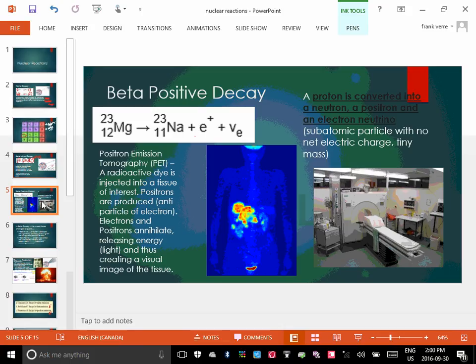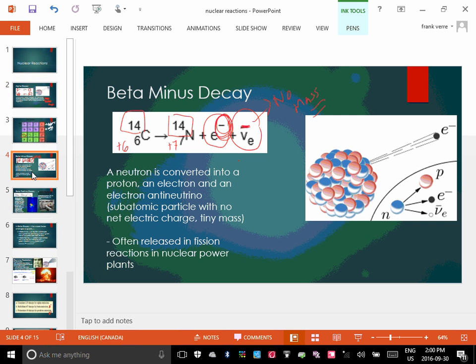Now, the beta positive decay is the opposite. If you look in a beta minus decay, the nuclear charge goes up by 1. So what we're doing is converting a neutron into a proton, remember what we talked about yesterday? In a beta minus decay, the neutron gets converted to a proton.